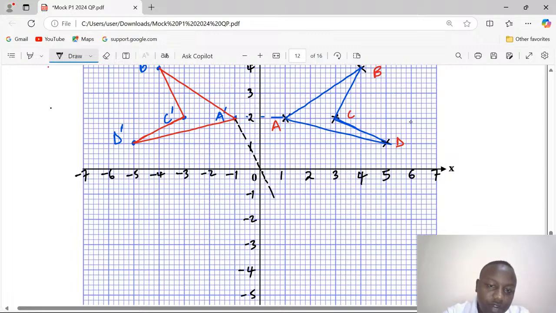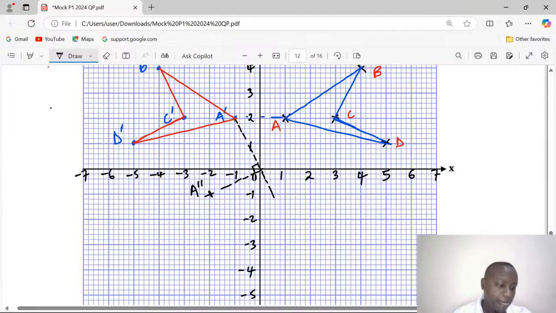That means we'll move along this line now, 90 degrees anti-clockwise. So 90 degrees has been measured in this direction. This is where A double prime is going to be.